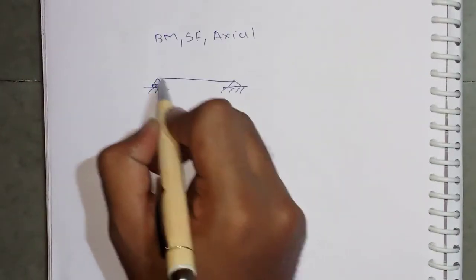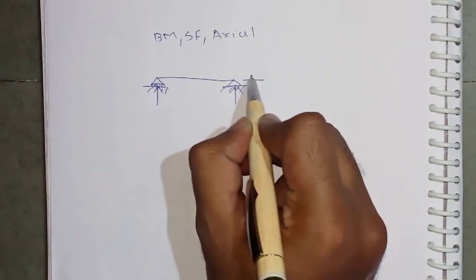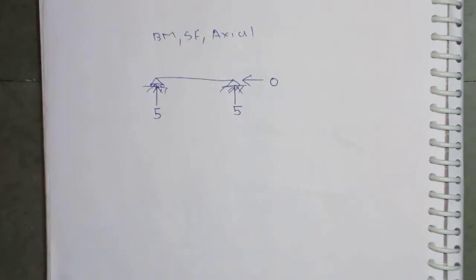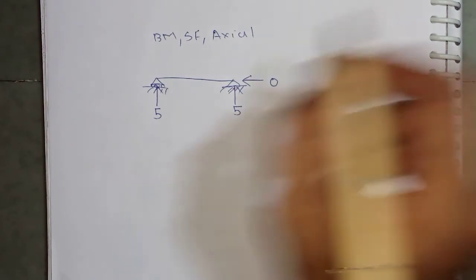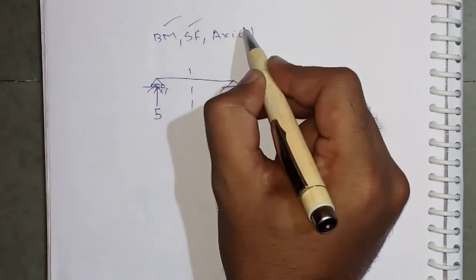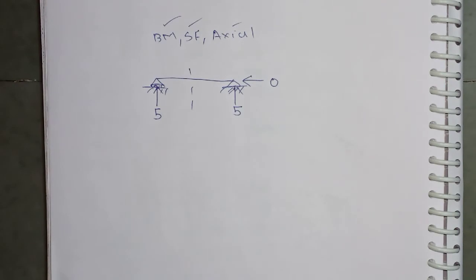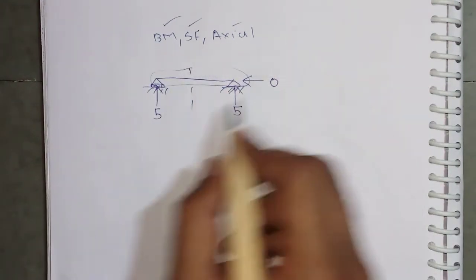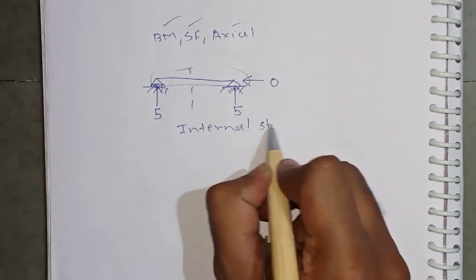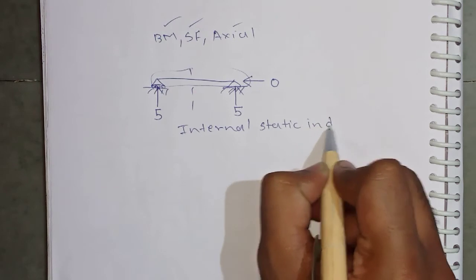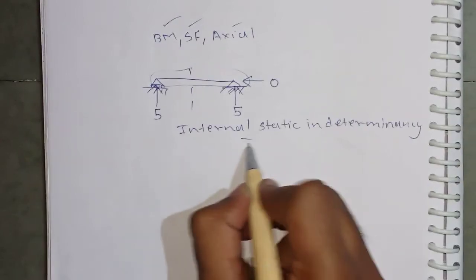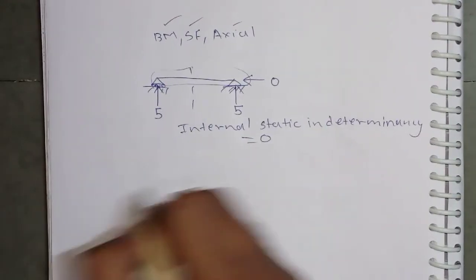If you find all the external reactions, suppose this is equal to 0, this is equal to 5 and this is equal to 5, we can find its shear force, its bending moment and the axial force in this beam. So its internal degree of static indeterminacy will be equal to 0.